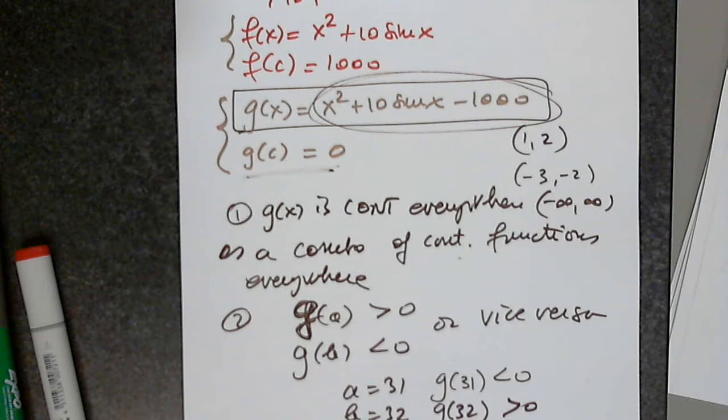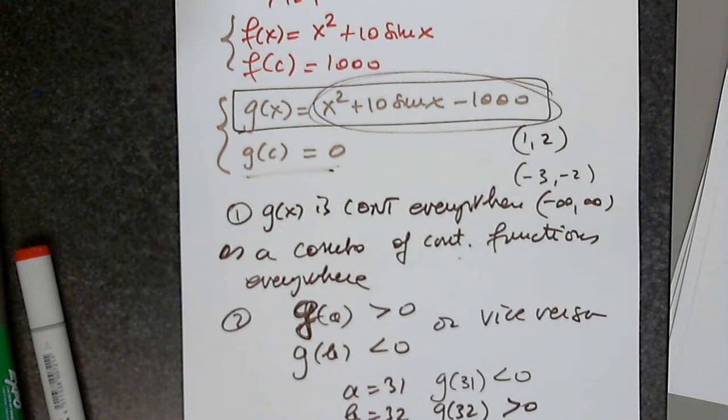So it's x squared plus 10 sine x. And now in this second table, I will plug in 31, and I will plug in 32. And that's my answer. Is there a number between 31 and 32 such that our initial f of x is 1,000? Yes.